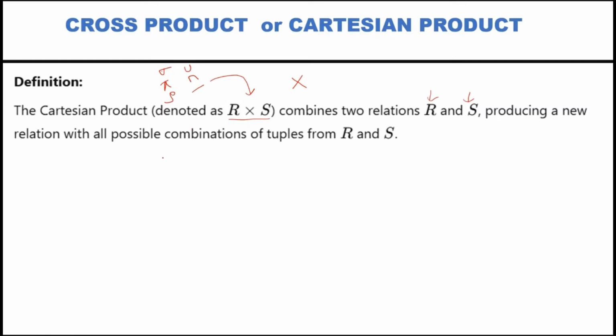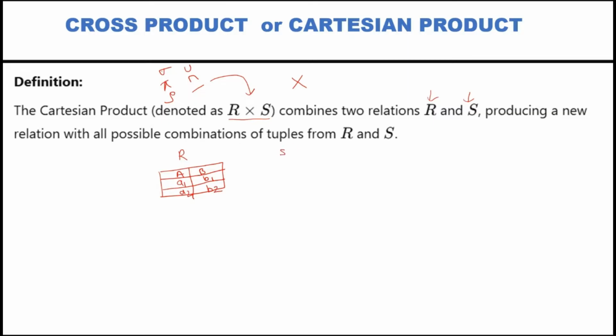So to explain a Cartesian product, I will take a relation R, and let's say this relation has two attributes, A and B. In this relation state we have A1, A2, and to keep it simple, we take B1 and B2, right, students?